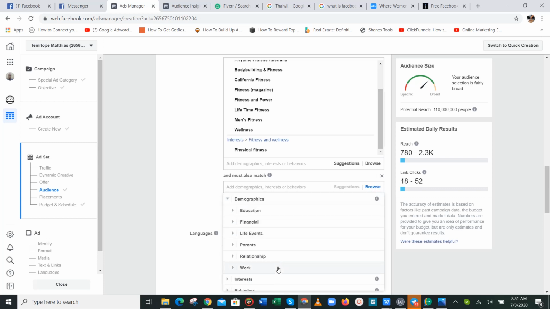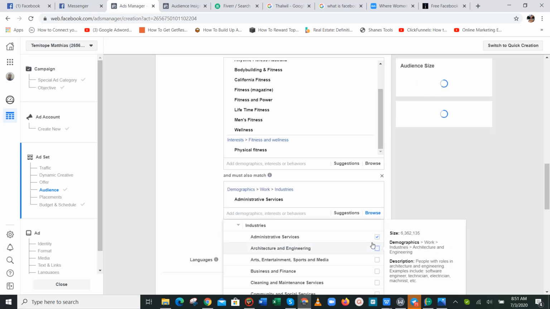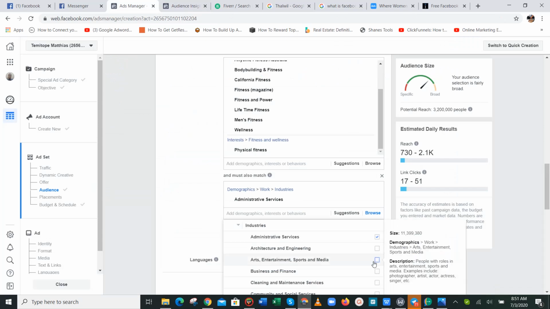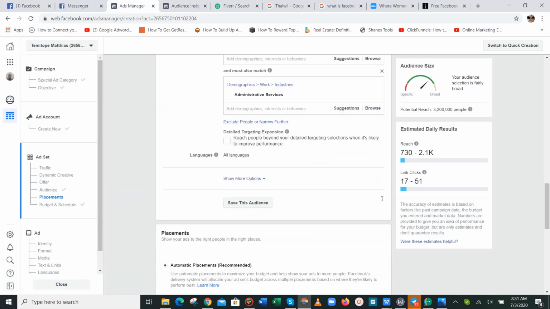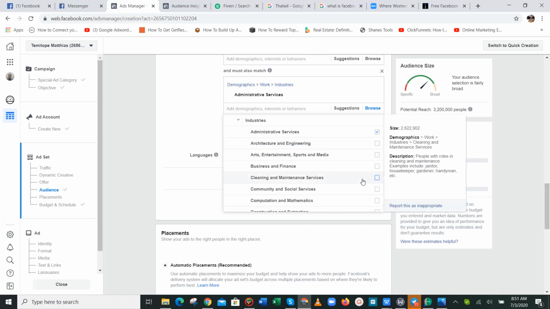So can you see where I'm going? I'm teaching you the in-depth. This is in-depth. Administrative services, people in administrative service. Management has 20%. Education and library, healthcare and service. Management, industries.